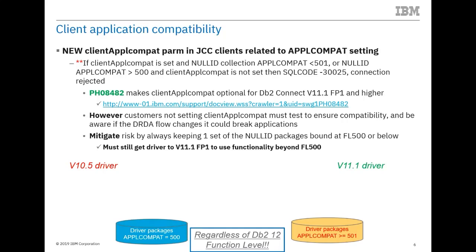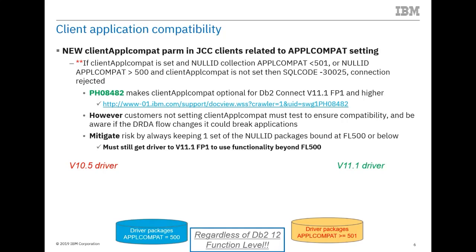So you don't have to flow it, but you need to be on v11.1 fix pack 1, period, if you're going to exploit function level 501 or higher, meaning if you're connecting to a package bound with APPLCOMPAT 501 or higher, you need to be on that driver level and to flow. Well, this APAR makes it optional to flow it.